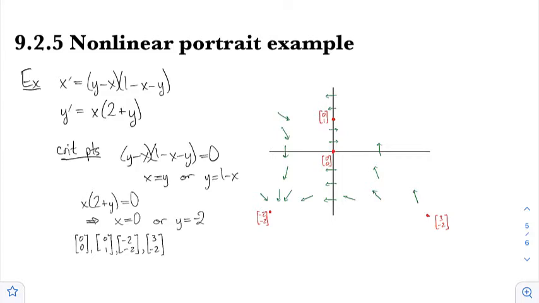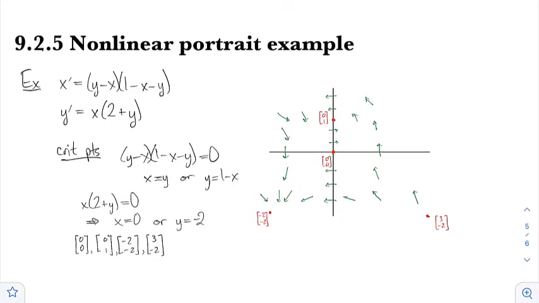So this is all just stuff that I found by basically plotting points.